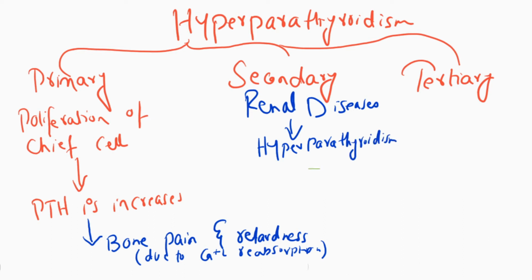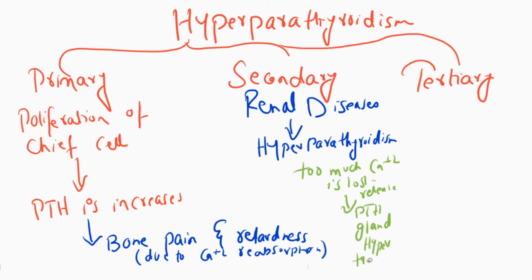In secondary hyperparathyroidism, too much calcium is lost and it results in increased release of parathyroid hormone. It is also known as gland hypertrophy, and it results in more parathyroid hormone.